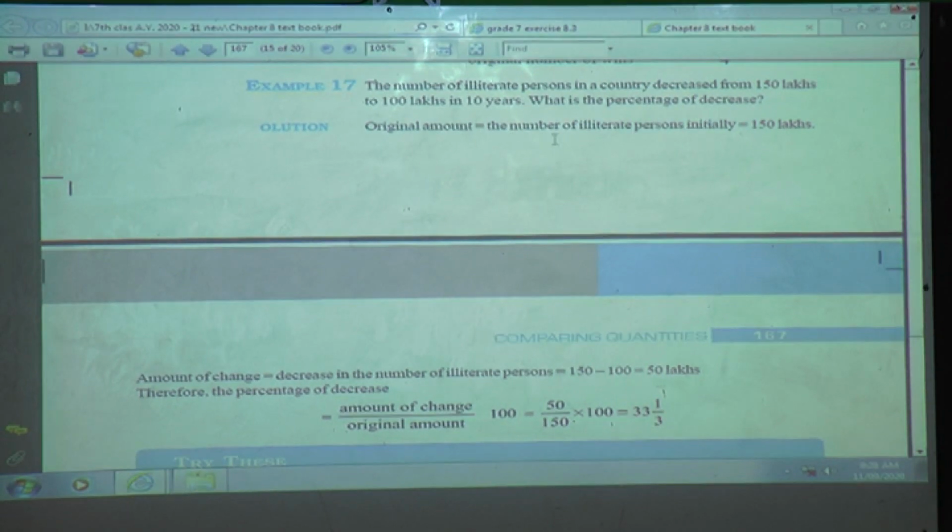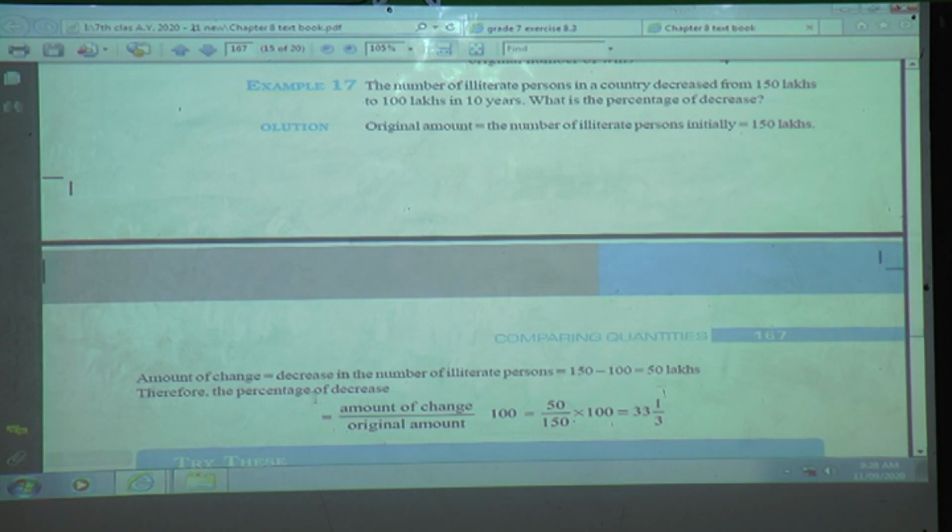It is the number of illiterate persons initially, which is 150 lakhs, given in the statement. Now the amount of change, that is the decrease in the number of illiterate persons, is equal to 150 minus 100, so the total is 50 lakhs.